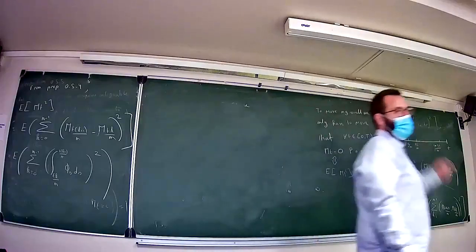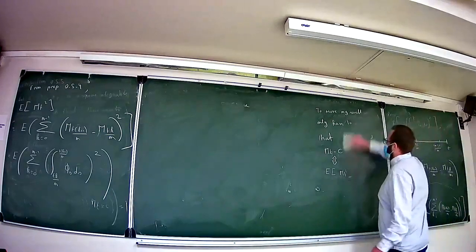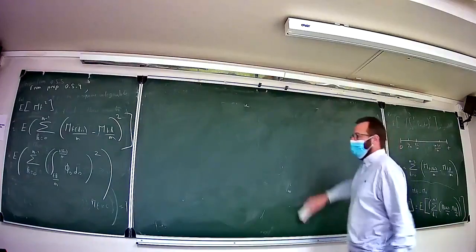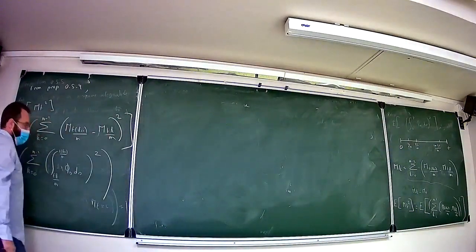And now we can use Jensen or Cauchy-Schwarz. But here, because instead of having a fixed bound, 0 to t, we are going to have bounds depending on n, with a distance between the bounds that is small, that is t over n, and for big n, this distance goes to 0. So now we are going to use the Cauchy-Schwarz inequality, exactly as I have done previously. You can write it here as 1 times phi.